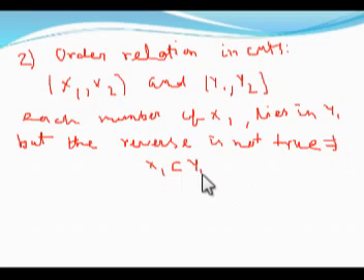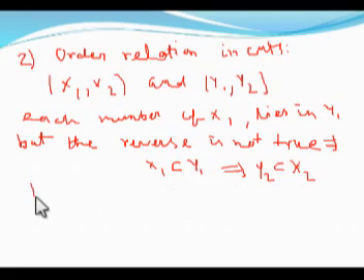Then we have the order relation, and this also implies that y2 is a proper subset of x2. If we try to understand, this is very simple. If x1 is a proper subset of y1, then y2 will be a proper subset of x2.